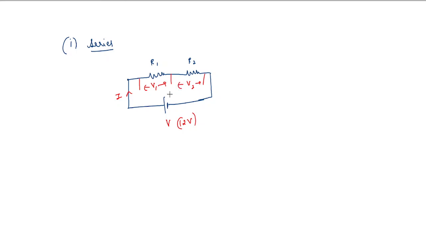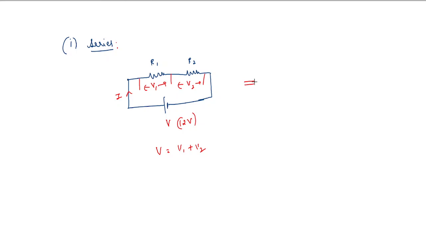So this kind of combination, where the current flowing through all the resistances is the same but the voltage divides, is called series combination. Basically, the total voltage applied is equal to the sum of the drops across each resistor.